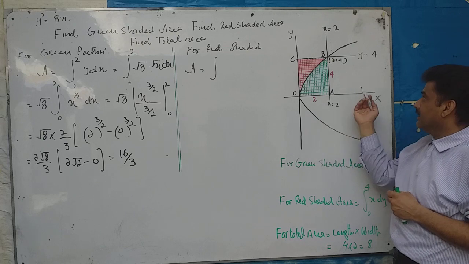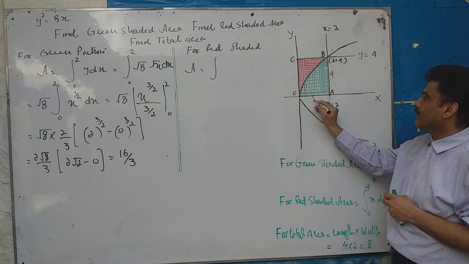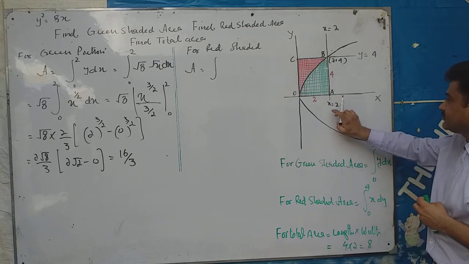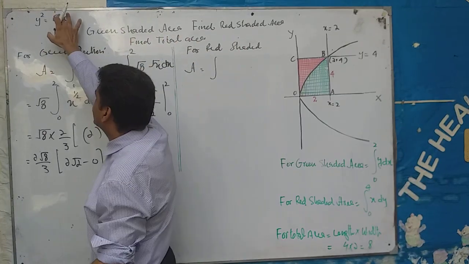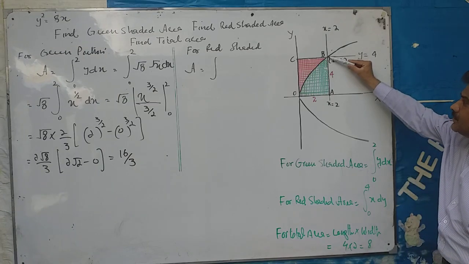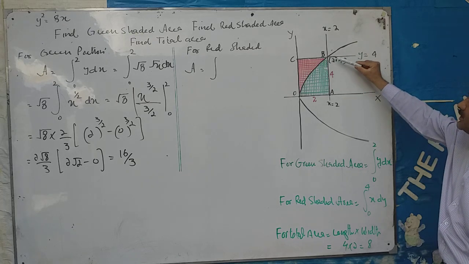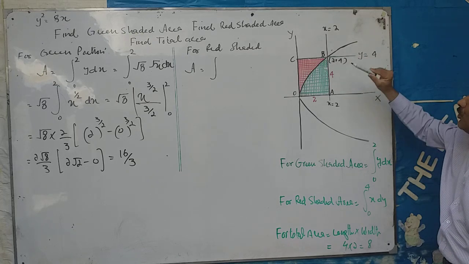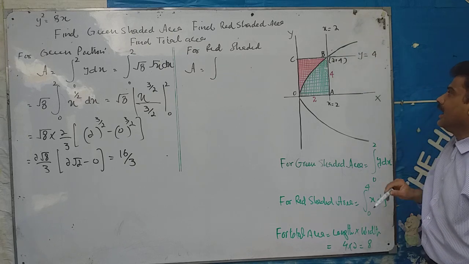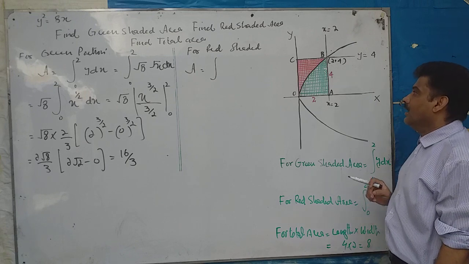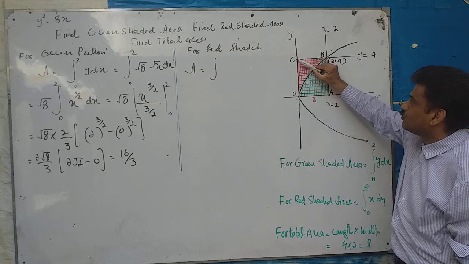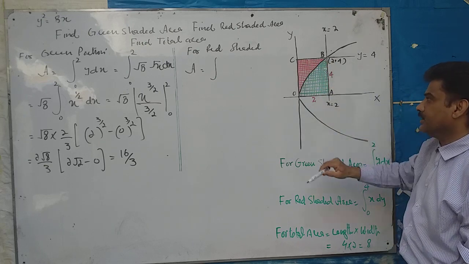When we put x equal to 2 in the equation of the curve, we get y equal to 4. The coordinates of point B are x equal to 2 and y equal to 4. Hence, we take the limits of the y-axis, y equal to 0 to y equal to 4, to find the red portion area.